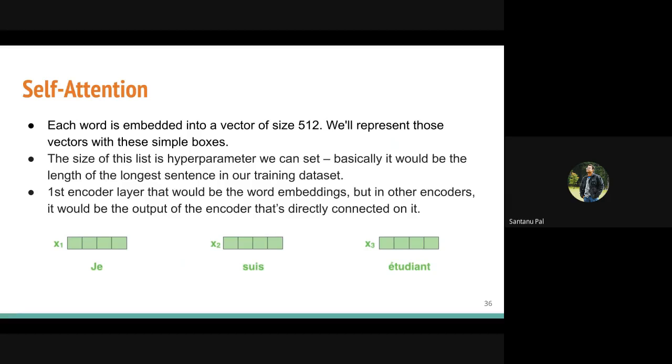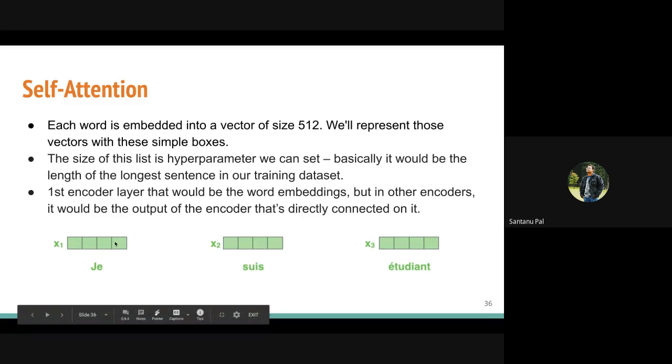If you see the input French sentence, each word is represented in a box here. Let's say this is a vector, and the vector size is based on a hyperparameter, which is set empirically, or maybe you can use the standard like 512.